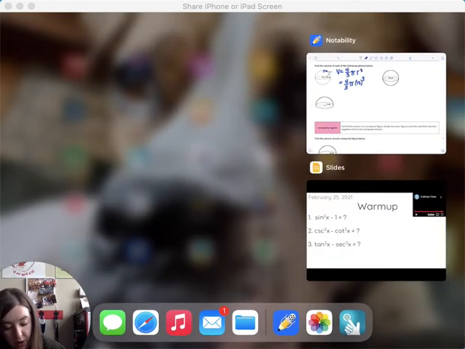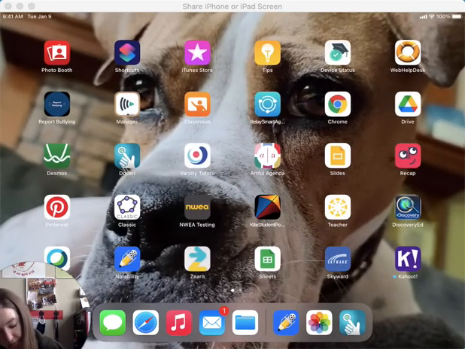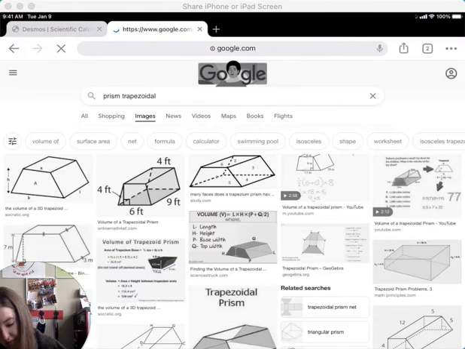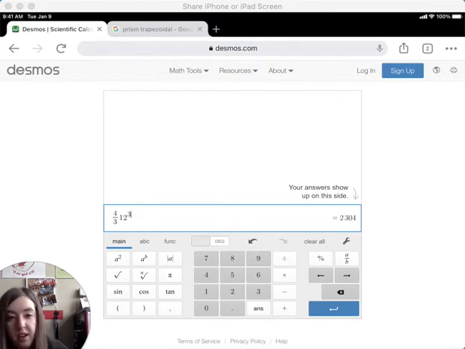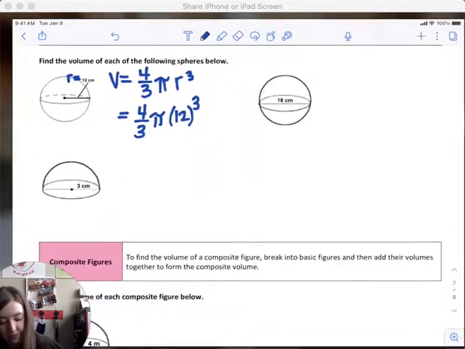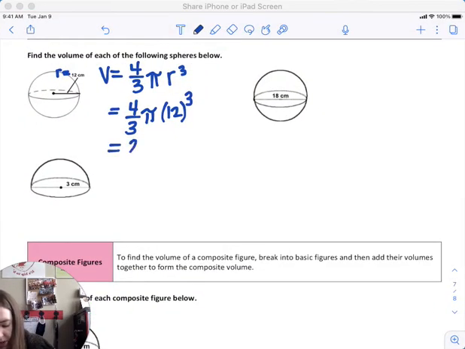So we'll put 4/3 times 12, and we'll use the a to the b to get the third power. And we'll get 2,304. So that's going to be 2,304 pi for the volume of that sphere.